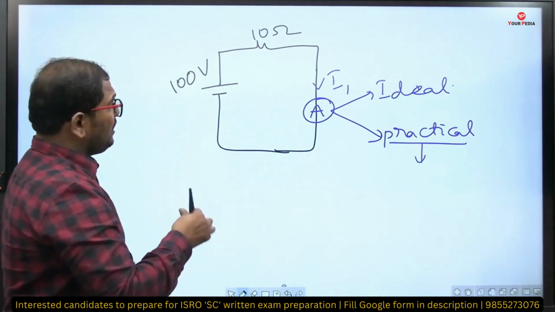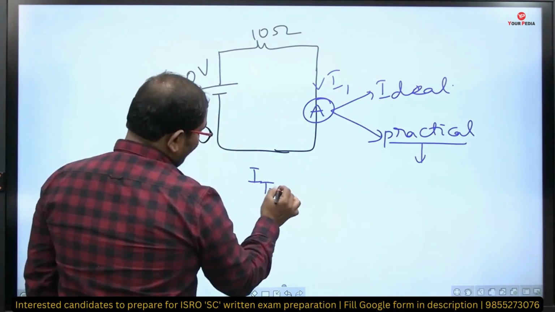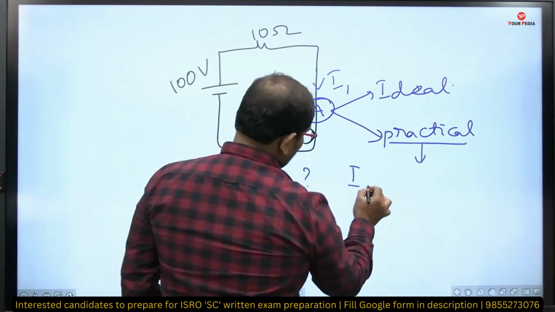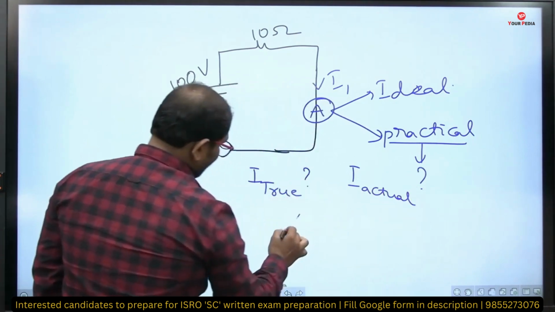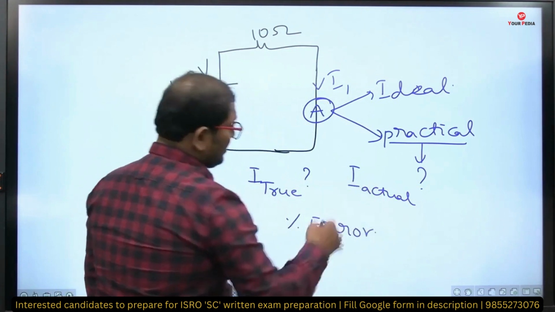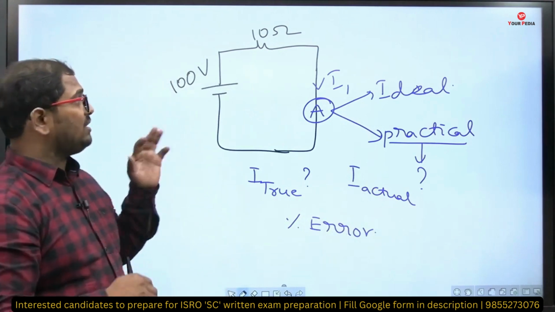Here in this question, first we need to calculate the true value of current. Second, we need to calculate the actual value of current. And we need to calculate the percentage error. So these are the three questions we need to solve.